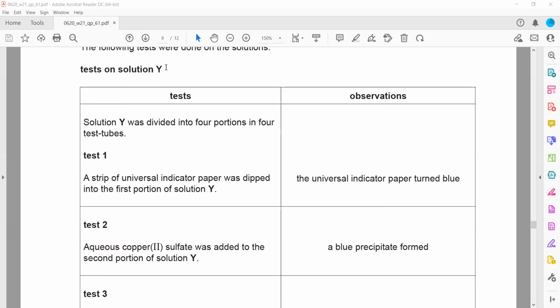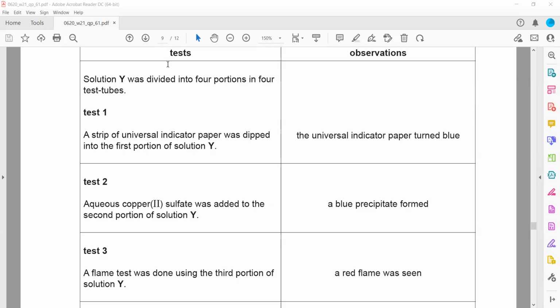Test 1: a strip of universal indicator paper was dipped into the first portion and the universal indicator turned blue. If the universal indicator turned blue, this gives an idea that it is an alkaline or basic solution.